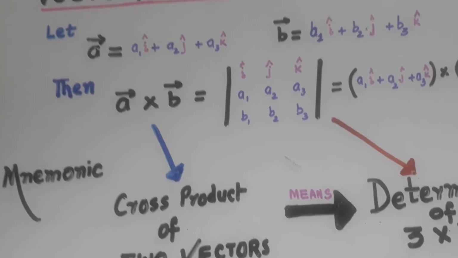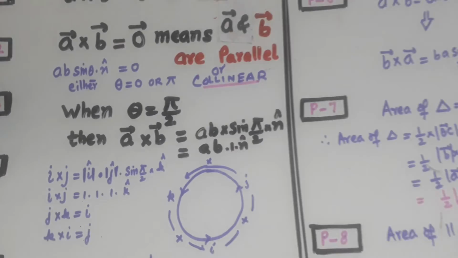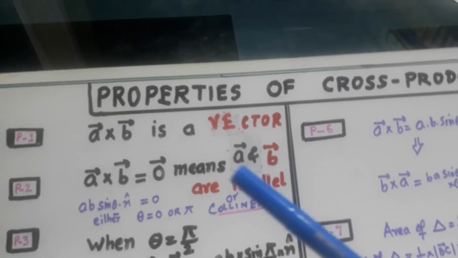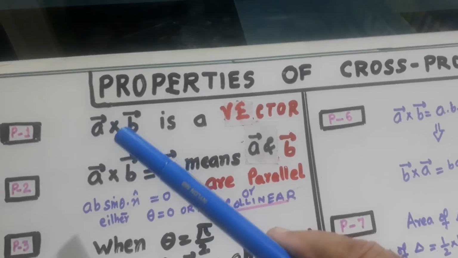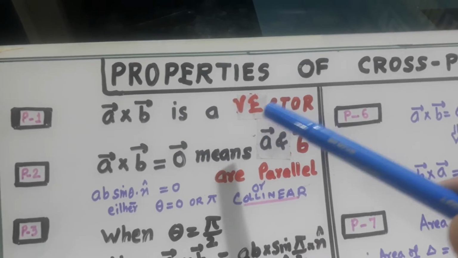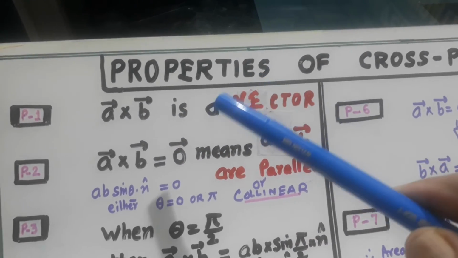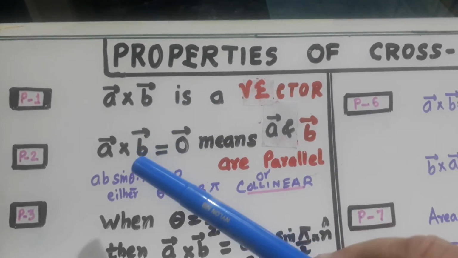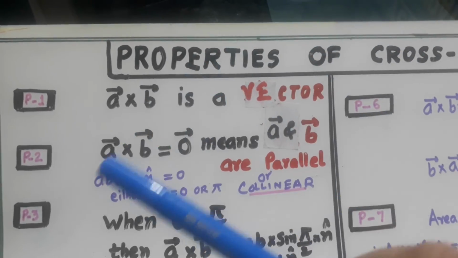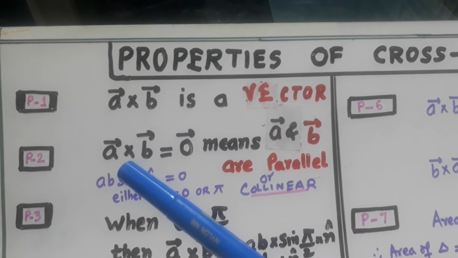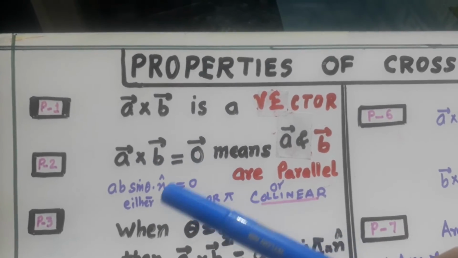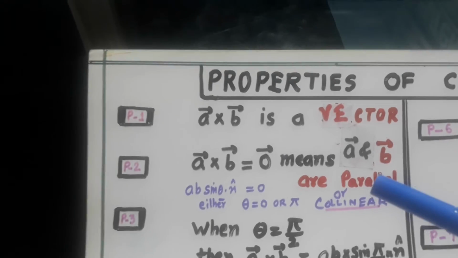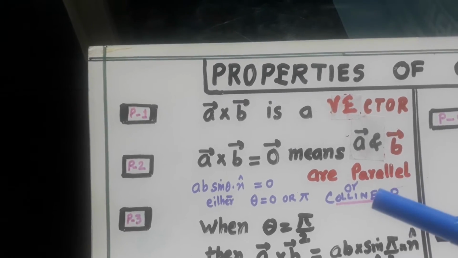Now let us go further. Properties of cross product. Property number 1, A cross B is a vector. I told you in my previous video also, cross product is a vector. And in the definition also, I have defined it is a vector. Now A cross B will be 0 when A and B are parallel or collinear.